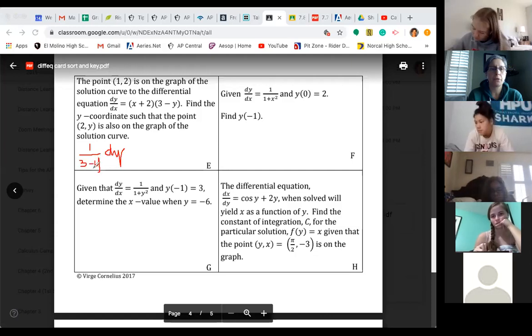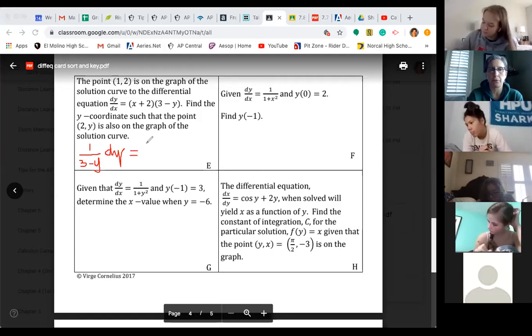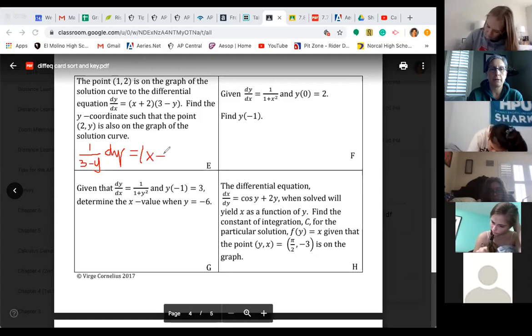And I usually will write it like this, just with the 1 over 3 minus y times dy. It makes more sense to me for integrating, but I think Mark prefers it the way you said.